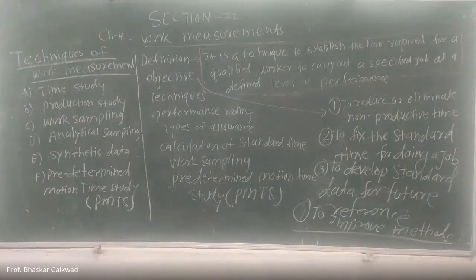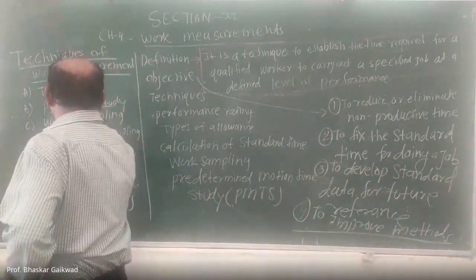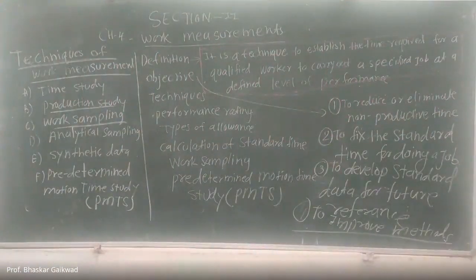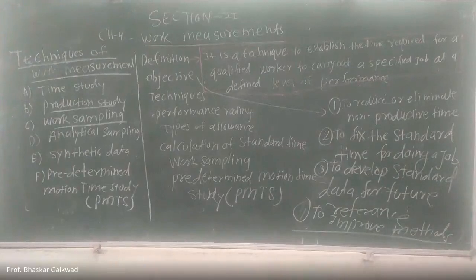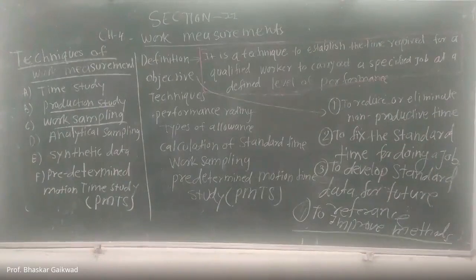Then production study, meaning the quantity to be manufactured within a particular time. Then work sampling. This technique we can use in mass production, meaning huge quantities are there. We can take two or four samples from this, and on the basis of these samples we can establish the work measurement.